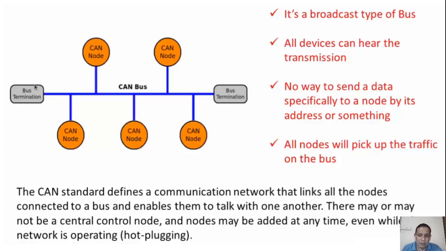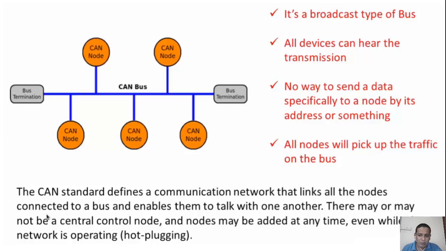Then the CAN standard defines a communication network that links all the nodes connected to the bus and enables them to talk with one another. If you have to send something, we have to broadcast it in the network.